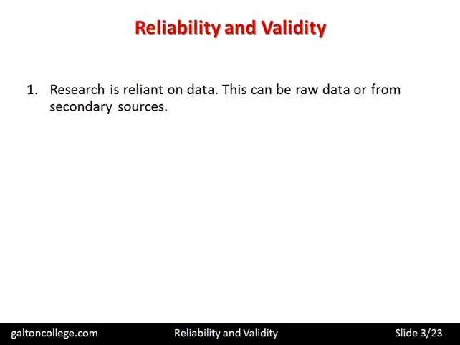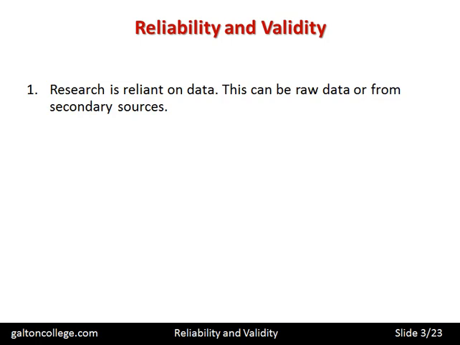So research is reliant on data. Now this can be raw data or from secondary sources. In other words, it can be primary or secondary. Primary data is data that's found for the purpose itself. The data is original to that particular project. It's researched from the source.